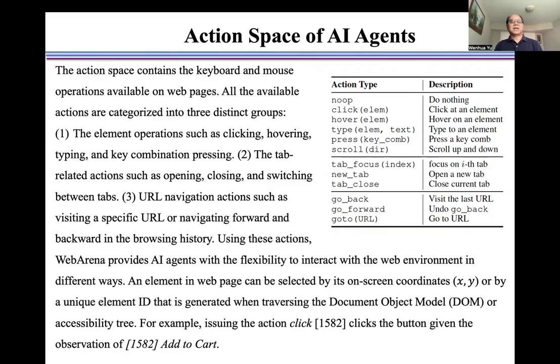Two, the tab-related actions such as opening, closing, and switching between tabs. Three, URL navigation actions such as visiting a specific URL or navigating forward and backward in the browsing history.